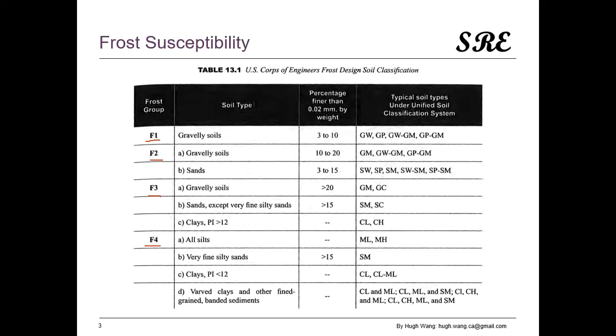From F1 to F4, the susceptibility becomes more and more severe. This system, as mentioned in the title portion, uses the percentage finer than 0.02 millimeter by weight.